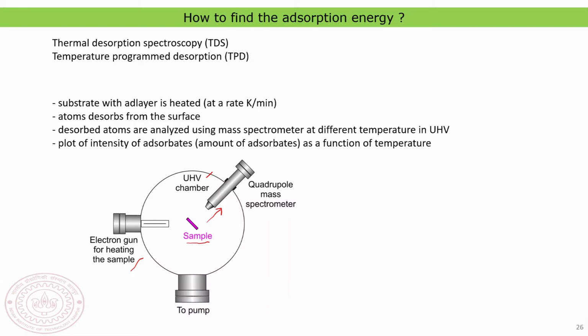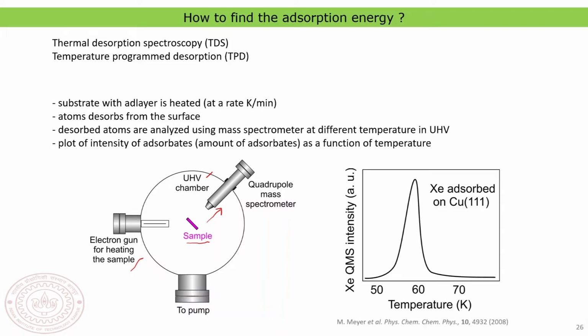We can measure that particular species as a function of temperature. We can also measure the amount of atoms or molecules coming out of the sample as a function of time, which will allow us to understand the kinetics and the energetics of the desorption.